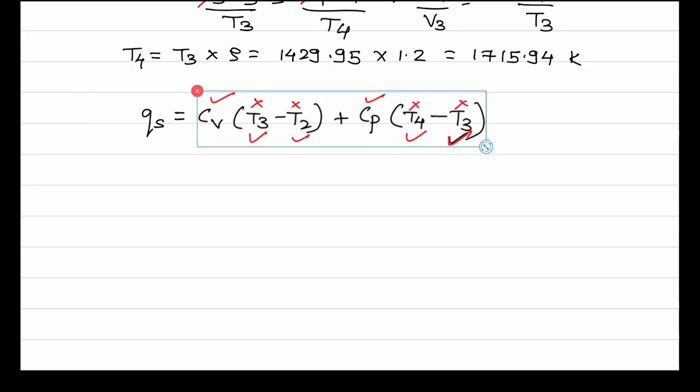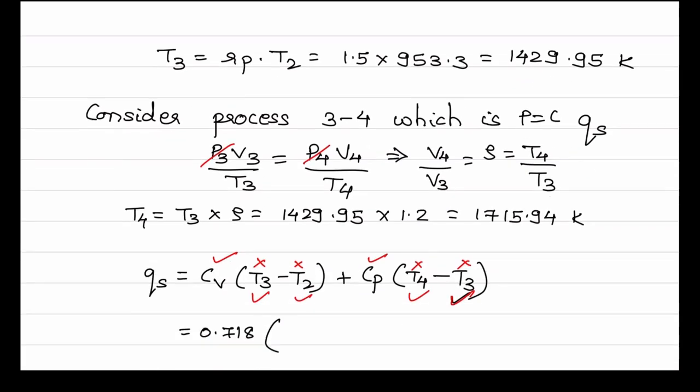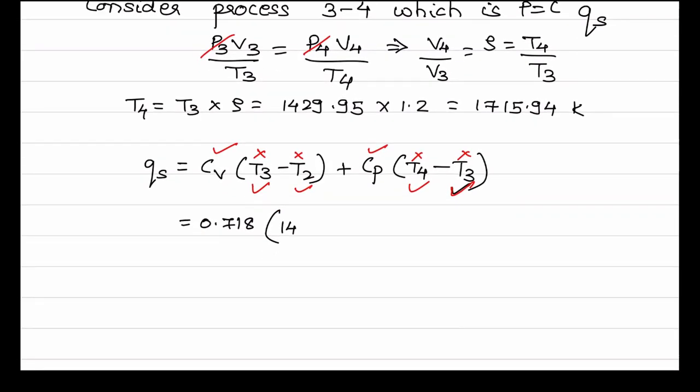Cv for air is 0.718 kilojoules per kg Kelvin. The T3 value here you can see is 1429.95 minus T2.